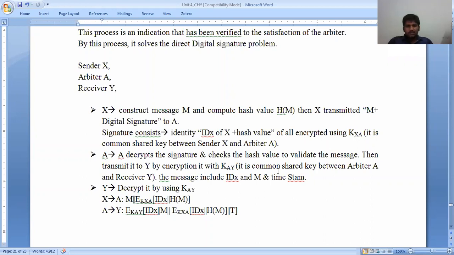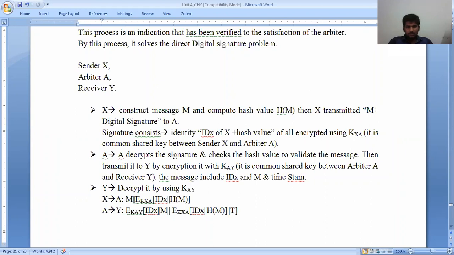The message includes ID of X, which is the ID of the sender, the message M, and the time stamp T. So once it is sent, the message includes the ID of X, the sender, what the message is, and at which time it is transferred, all that information. Y decrypts the message using KAY.